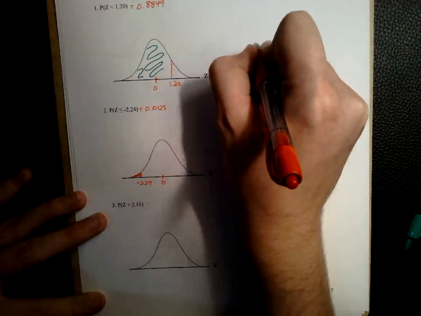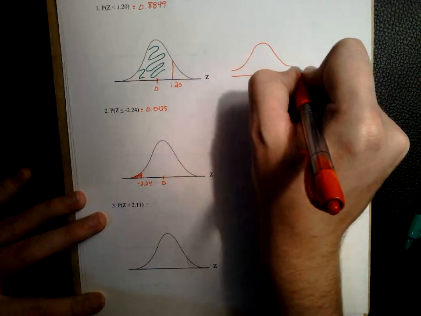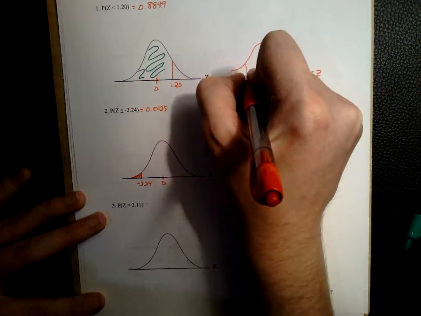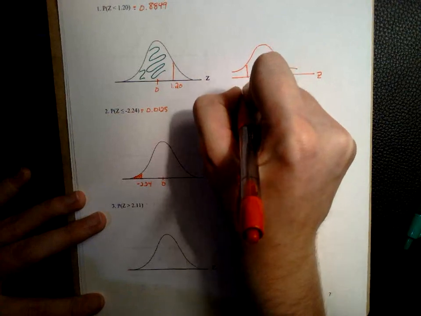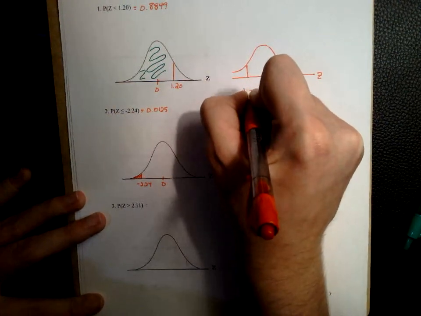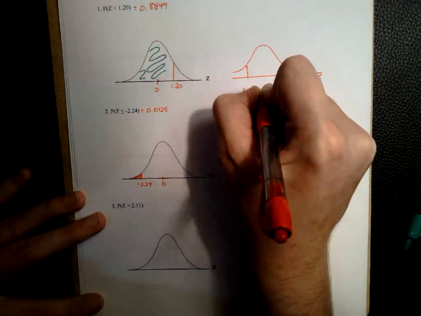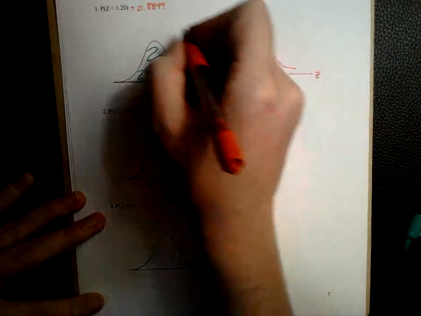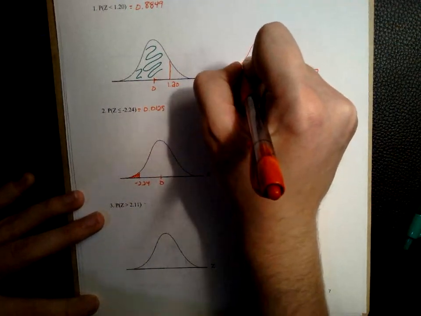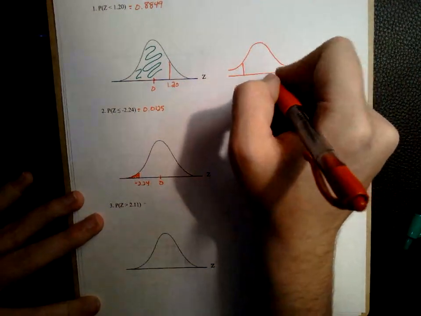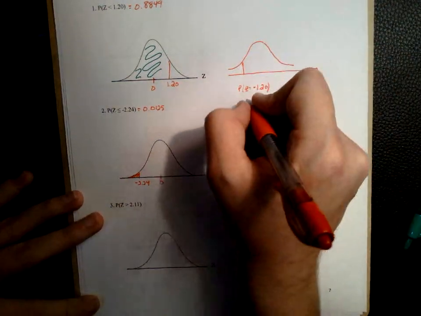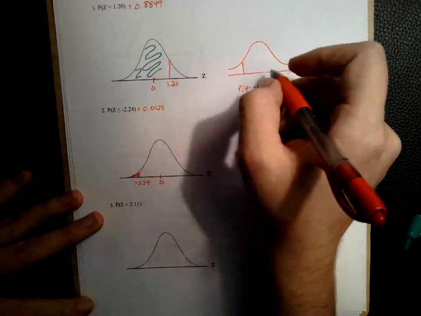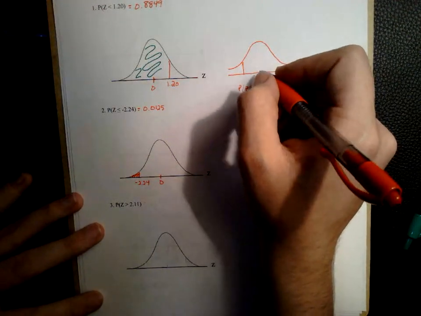We have some curve, and we want to look at what's the probability of z being exactly one value. So say, what's the probability of z being negative 1.20, just like in this first case, but we just look at the negative one. If we're interested in what's the probability of z being exactly that value, then we want to kind of look at what's the area that it can take up.